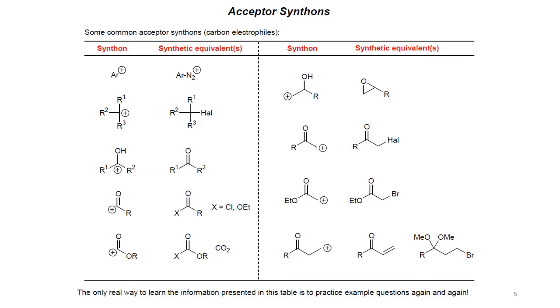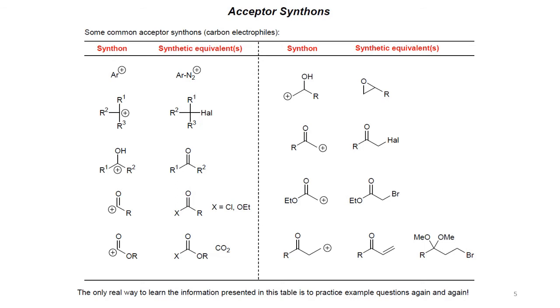So you can use X, which either refers to halogen, or OEt group. Okay, next if we have double bond O, OR with plus, you can either complement it with X, so anything negative, or you can just convert the whole thing into CO2.